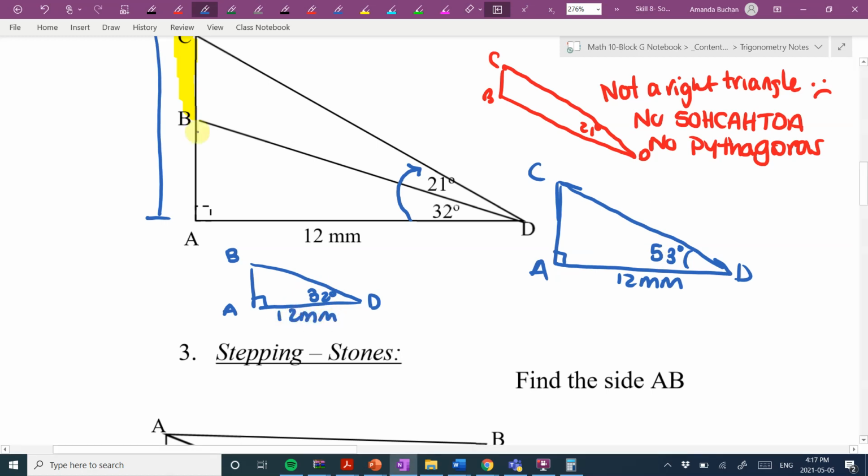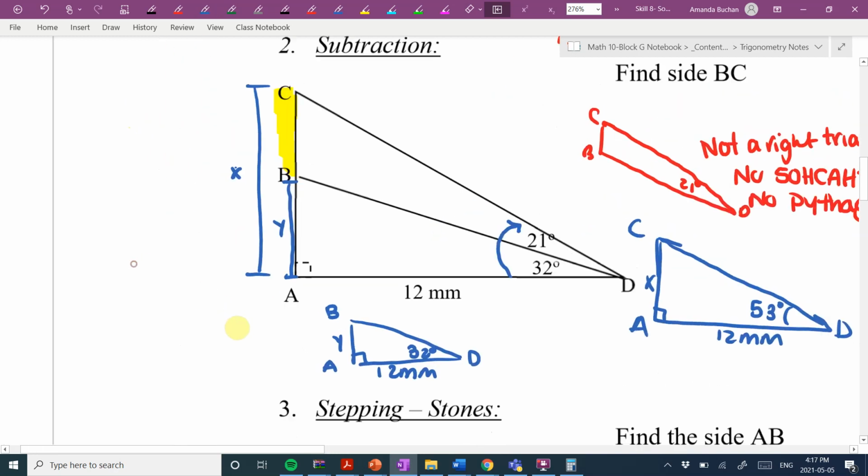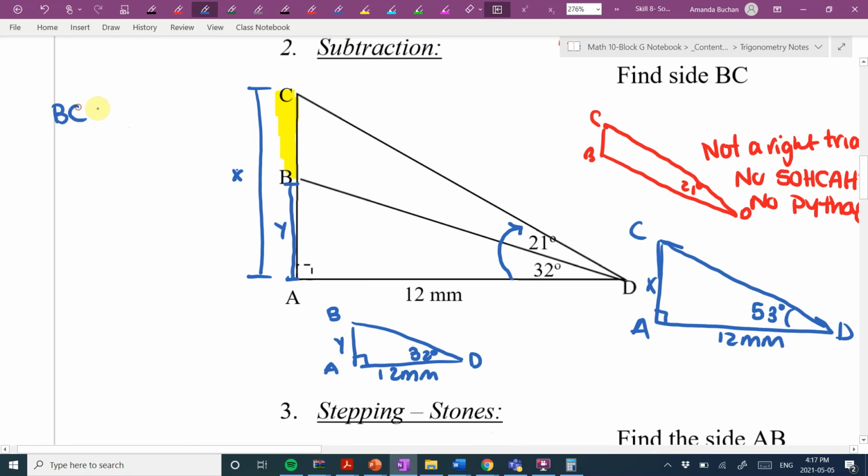So that's going to help me find this side. So once again, if we call this X and we call this Y, what I'm looking for, side BC, I'm going to need to find X and I'm going to need to find Y. CDB is going to be the difference, right? The leftover after we take those away.